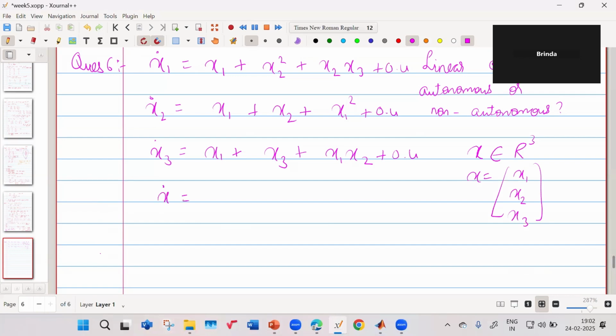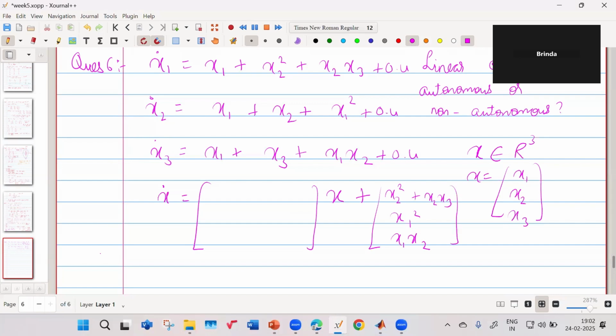My x dot is actually a matrix times x, that is x1, x2, x3, plus the nonlinear parts. So what's the nonlinear part? x2 square plus x2 into x3, then it is x1 square, and this is x1 into x2. Okay, this is the nonlinear part.